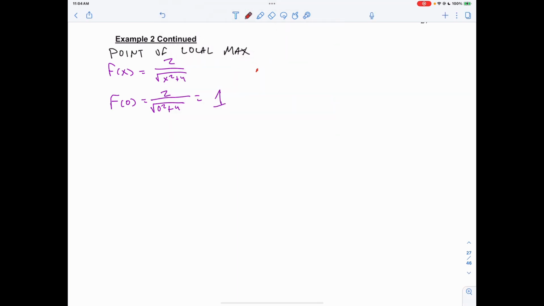So I know I have a local maximum point at (0, 1).